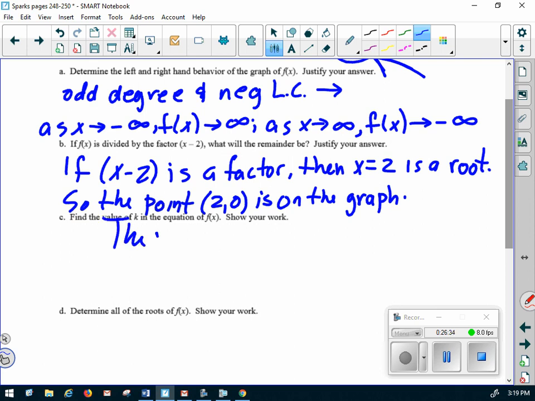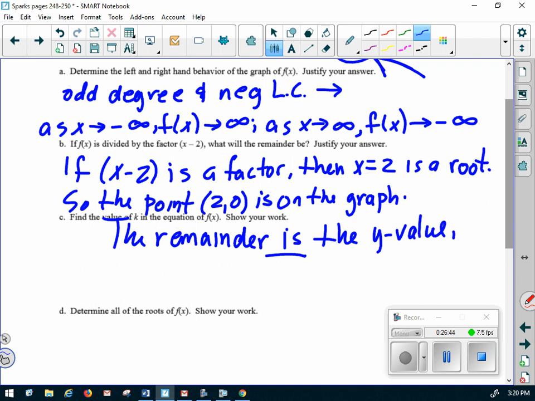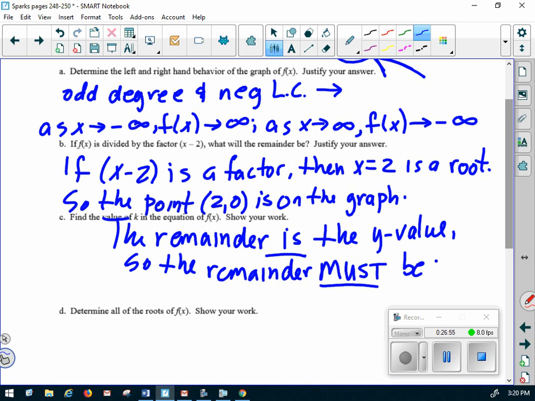The remainder is the y value. So the remainder must be 0. Look at C.